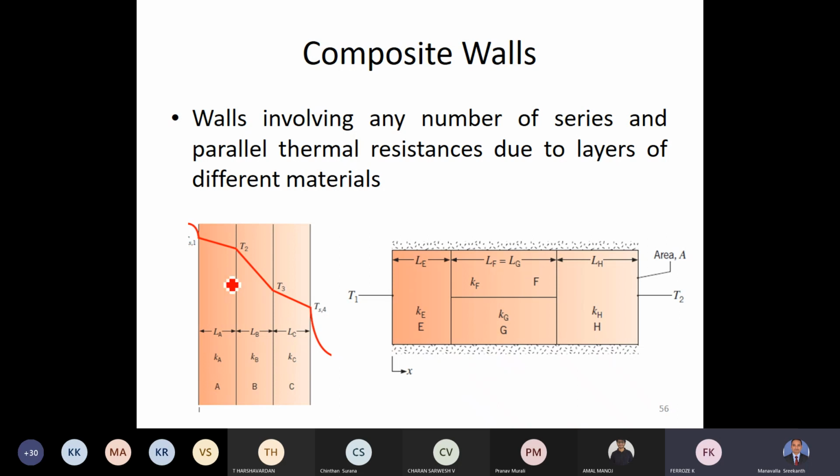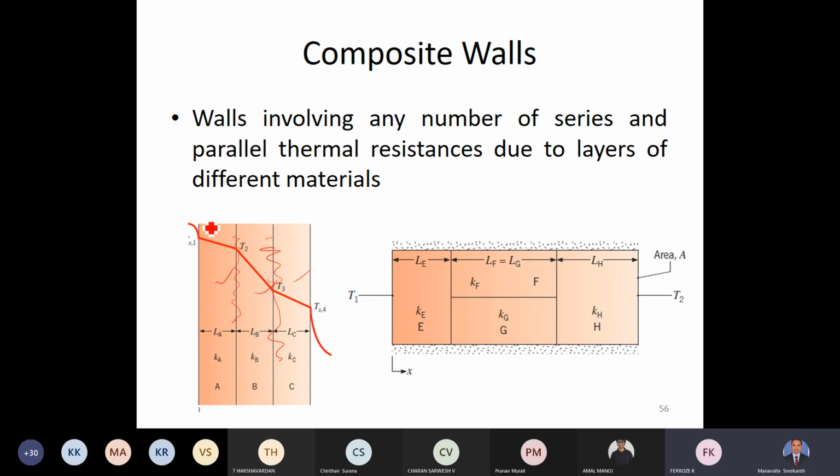Here we have three slabs placed next to each other, and there is a common surface. As of now, we are assuming that this common surface doesn't offer any resistance to flow. That means this surface has a perfect contact.